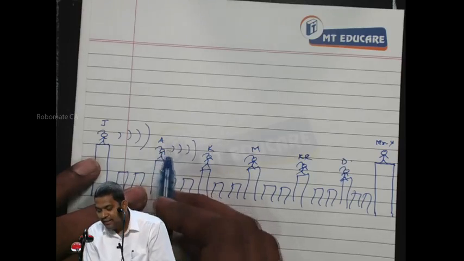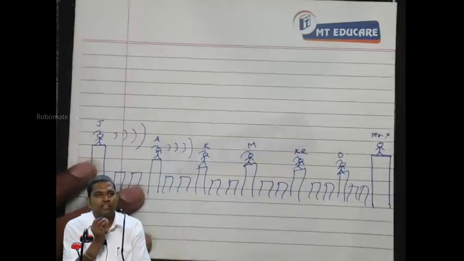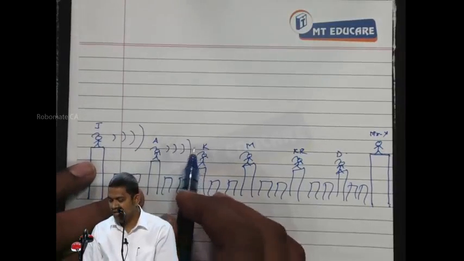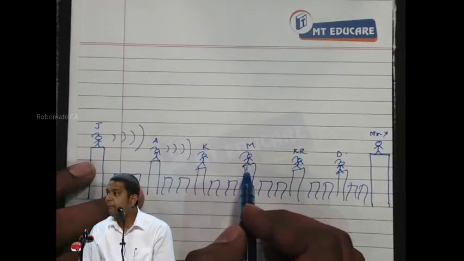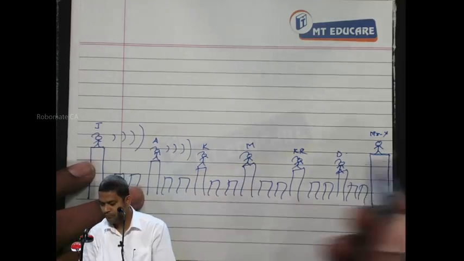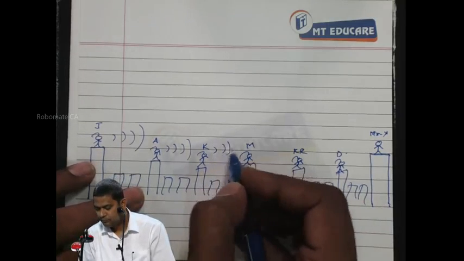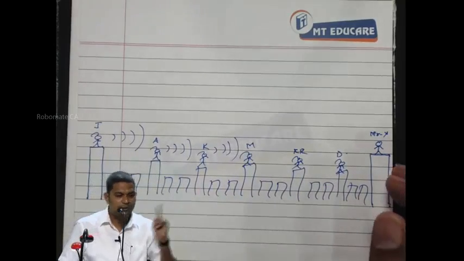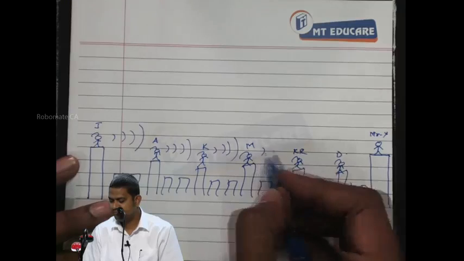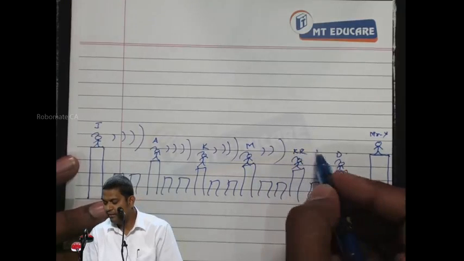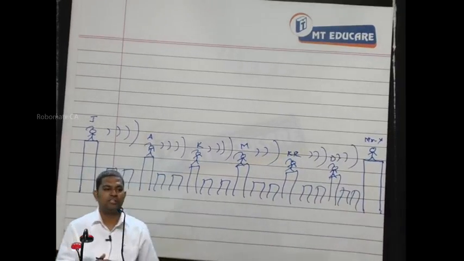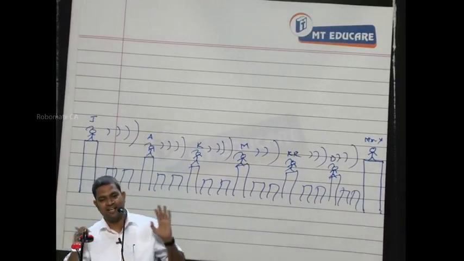By the time it reaches Kirti, the voice signals fall weak. But no problem, it reaches Kirti. Now Kirti will give the message to M. Who is M? Madhu. Till it reaches Madhu, the signal is weak, but Madhu can understand it. To Kiran, to Divya, and to Mr. X. X will get the message.